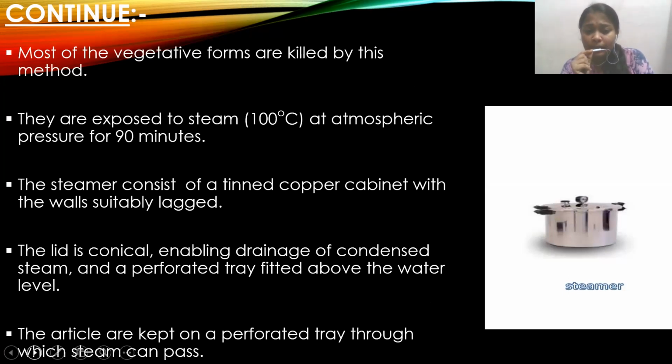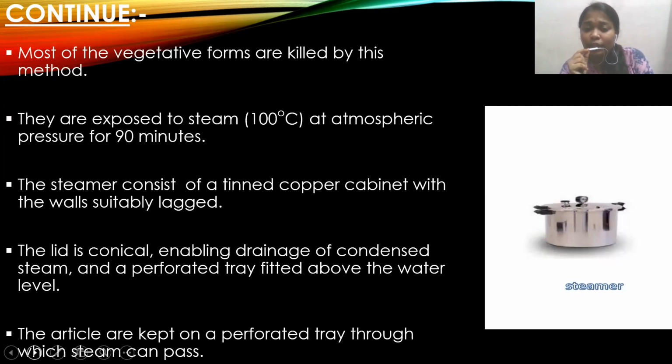They are exposed to steam at atmospheric pressure for 90 minutes. On the first day for 30 minutes, the vegetative bacteria are killed. But on the second or third day, the spores get killed.